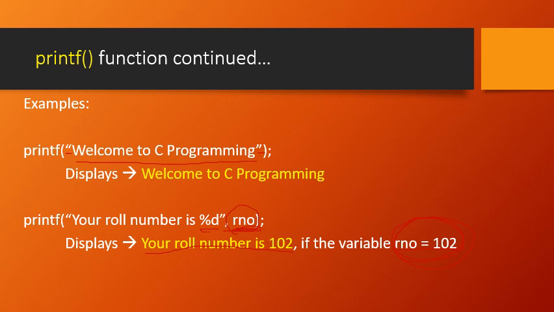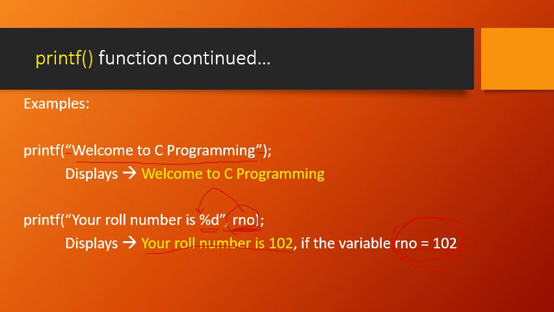The %d stands for a variable of the data type integer. That means RNO could have been declared as an integer variable, and it might have 102 in this example. So that value 102 will get substituted at this particular position.